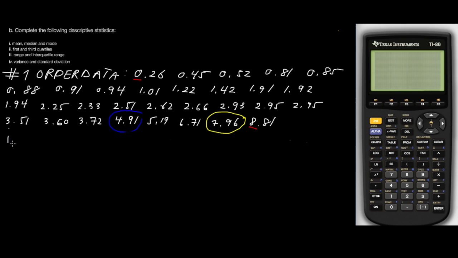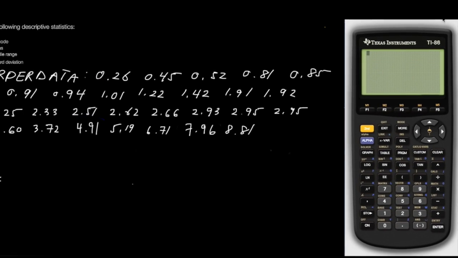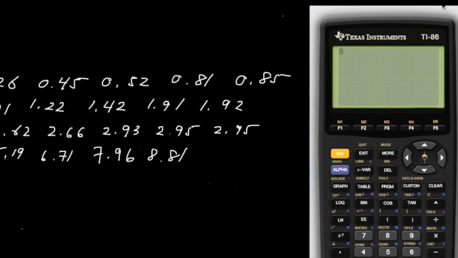The first one asks us for the mean. We all know the mean is simply the sum of all of our x's, all the values within our data set, divided by the total number of values. To do this, we're just going to switch over to the calculator real quick.